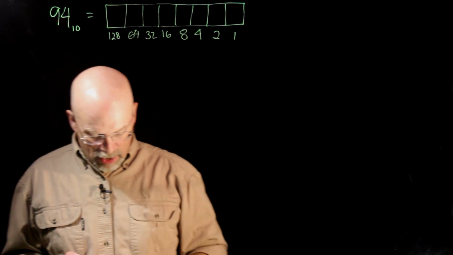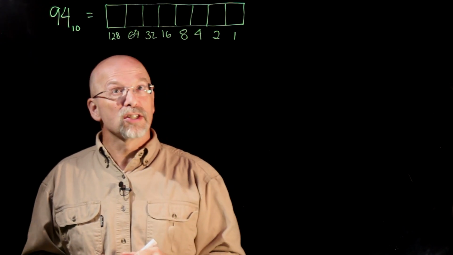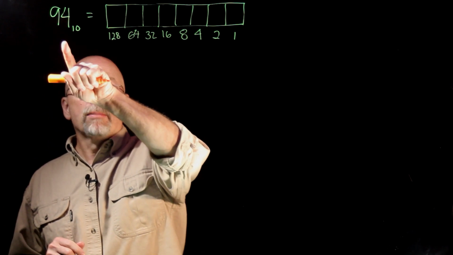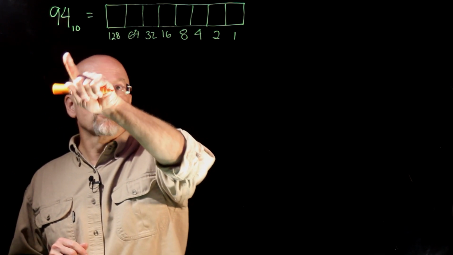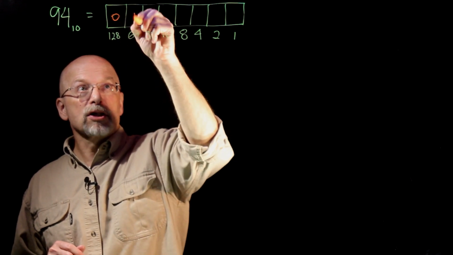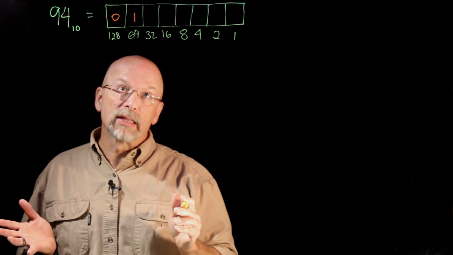All right. Now, if we were to try to represent 94 using this 8-bit unsigned binary number, well, the largest power of 2 we can pull out of this is 64. So there is no 128, but we do have a 64. Now, when you pull 64 out of 94, we get 30 left over.